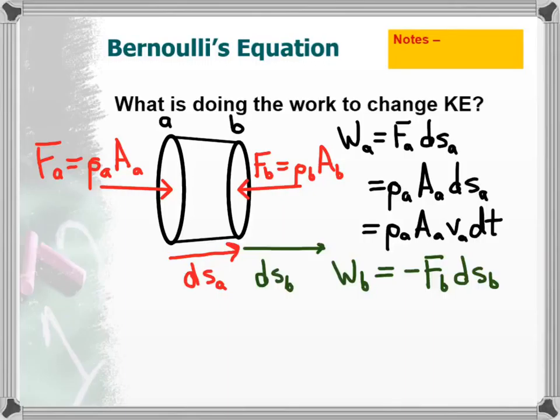So the amount of work done by this force is equal to negative FB times that separate distance dsB. Again, we can come up with a similar formula: the work done by this force is equal to negative pressure PB, times that area AB, which is different than AA, times the velocity of the fluid at that point B, times dt.